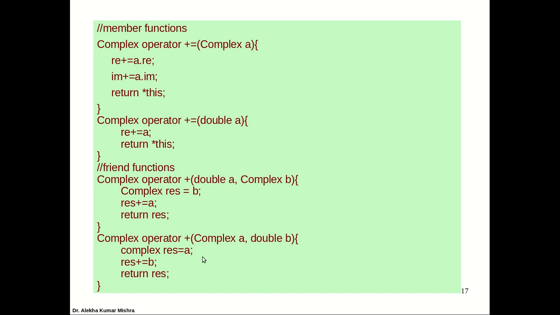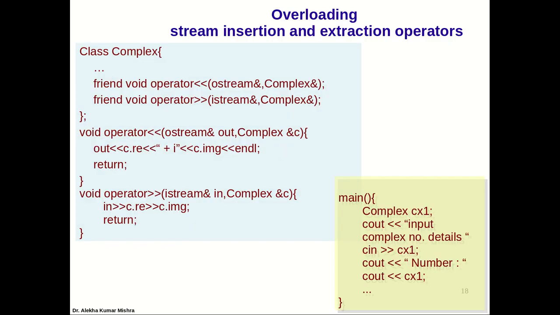So it's mixed mode. You have to decide when we should go for a friend function. Whenever we can use a member function, we can use it, but when it is not at all possible, then we have to take the help of a friend function, meaning a non-member function.